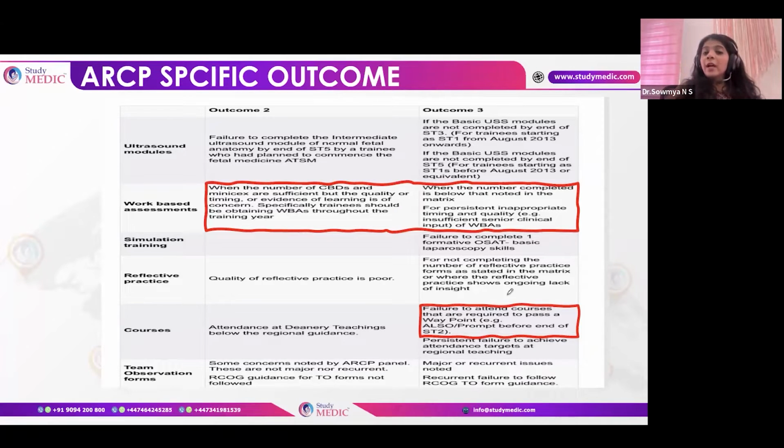If at any point they do not do this, they would get outcome 3, and it is not just once. Some concerns by the ARCP panel would give outcome 2, but if major or recurrent issues are noted, they would get outcome 3, where they cannot move from that year to the next year.